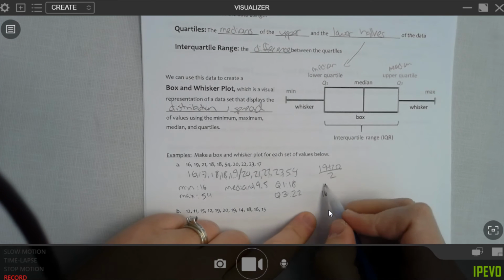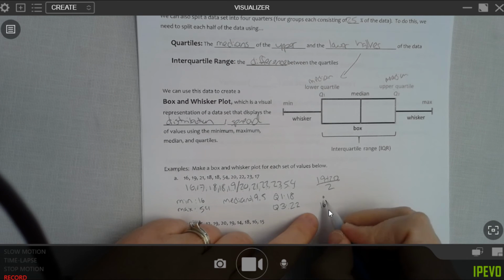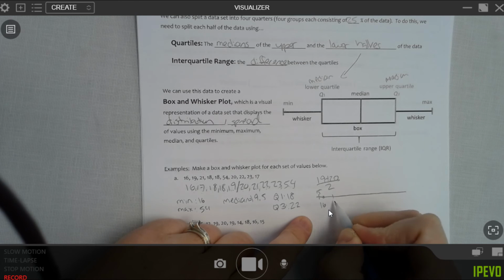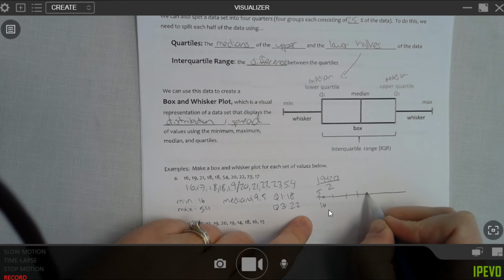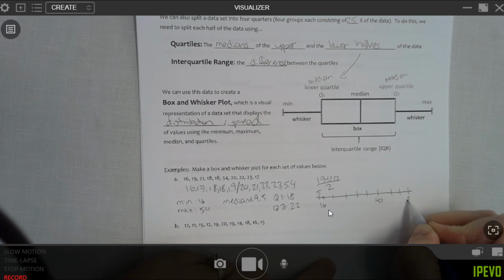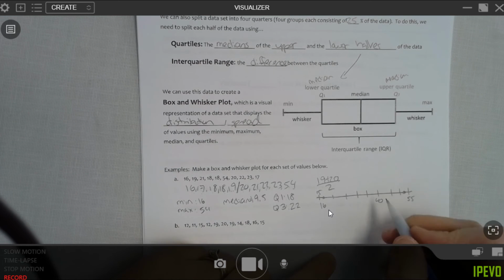So you'd actually need a number line and stuff if you're going to do this. Let's see. So 15, 20, 25, 30, 35, 40, 45, 50, 55. So here's 55. So right here is my other number, the 55. So there's my whiskers.